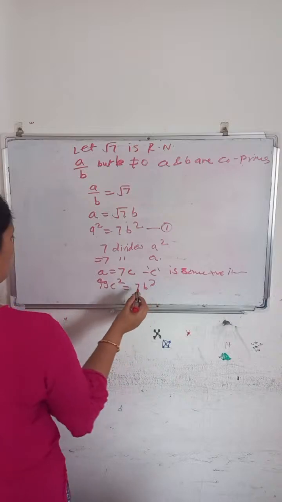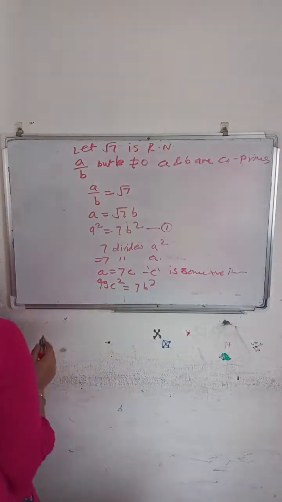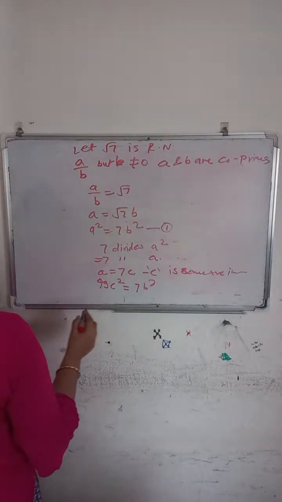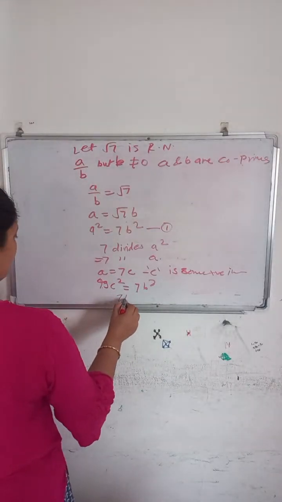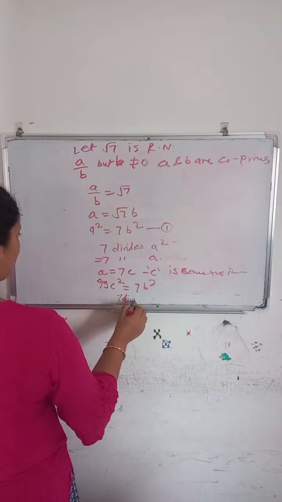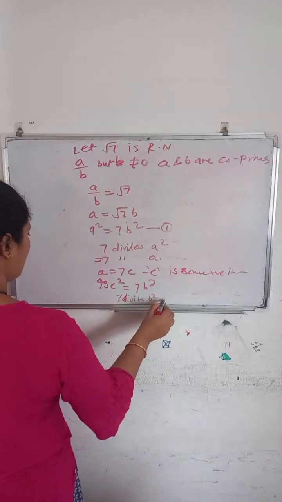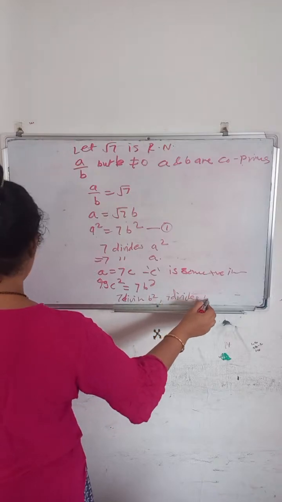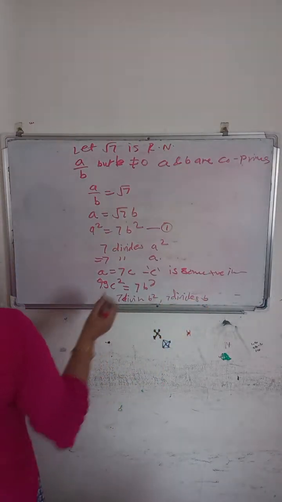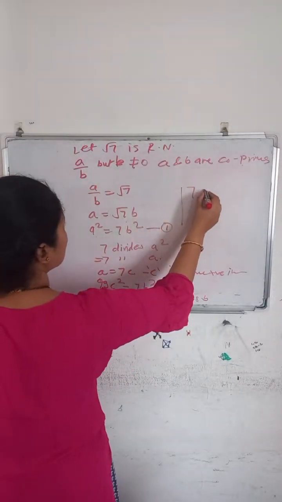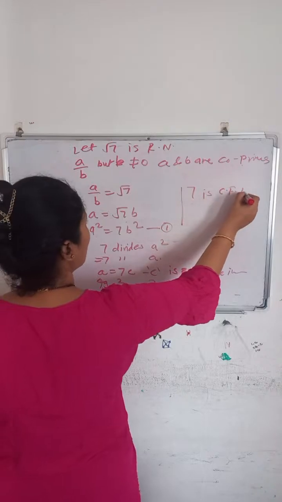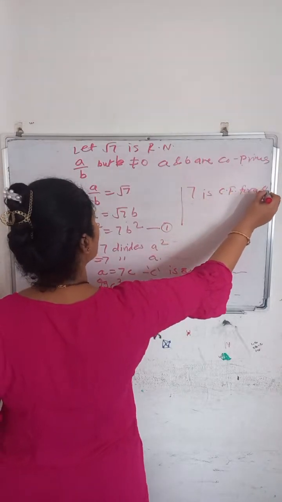If you observe here, this 7 divides 49. So now you can write 7 divides b square and 7 divides b also. That means 7 is a common factor for a and b.